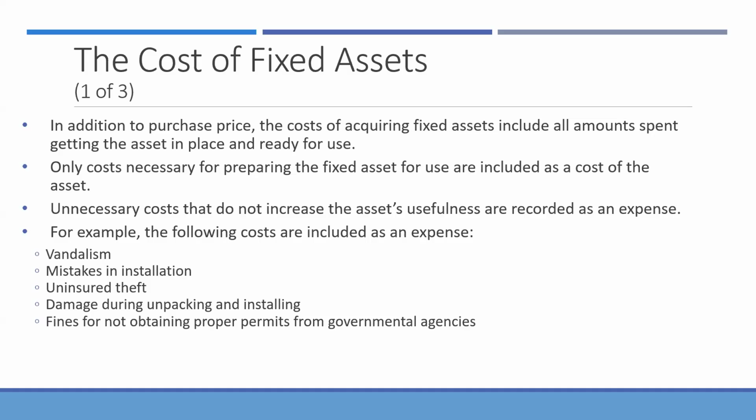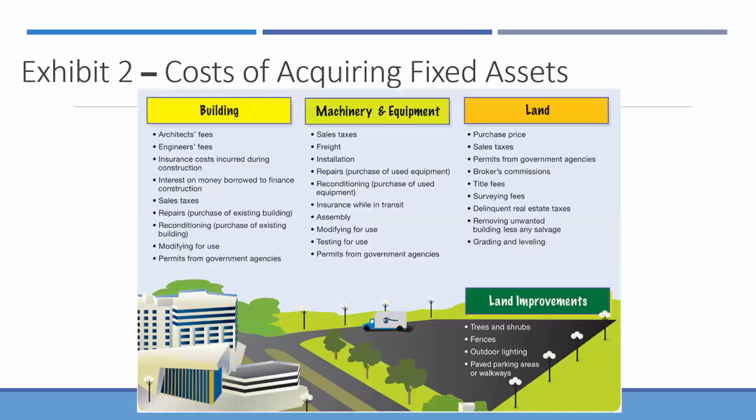Mistakes in installation, uninsured theft, damage during unpacking and installing, and fines for not obtaining proper permits. These do not get capitalized. They're an expense in the current period. It can be tempting for businesses to capitalize them because they want to spread the cost out over a longer period of time, but they are related to the current period.